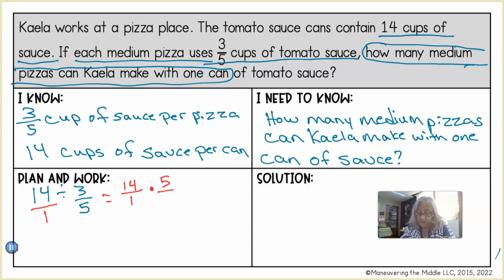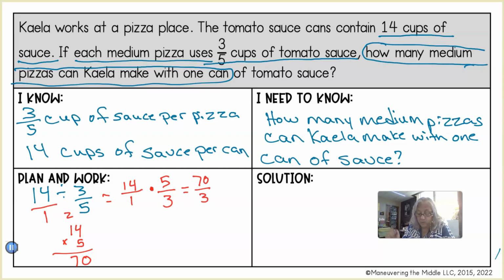It is 5 over 3. So we need to multiply this. So you're going to say 14 times 5. 5 times 4 is 20. Put my 0 down, carry my 2. 5 times 1 is 5, plus 2 is 7. So you're going to get 70 over 3.